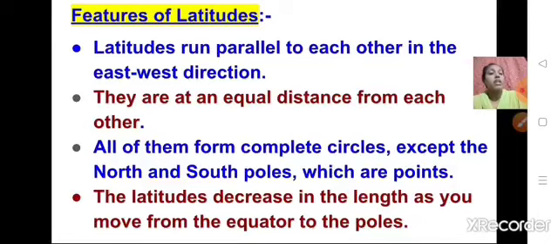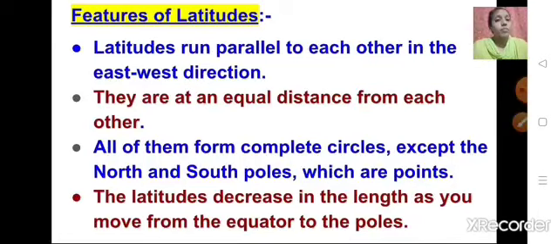They are at an equal distance from each other. All of them form complete circles except the north and south poles, which are points. The latitudes decrease in length as you move from the equator to the poles.